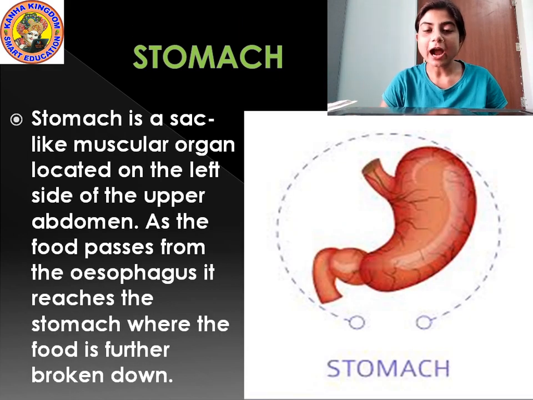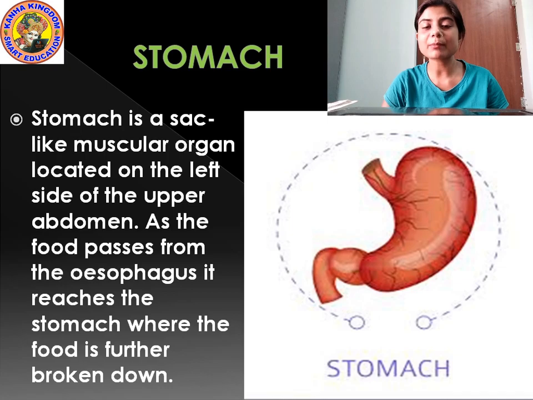Now students, comes the stomach. Our another organ is the stomach. Now what happens inside the stomach? The stomach is a sac-like muscular organ located on the left side of the upper abdomen. It is not a bony organ. It is a muscular organ made of muscles.